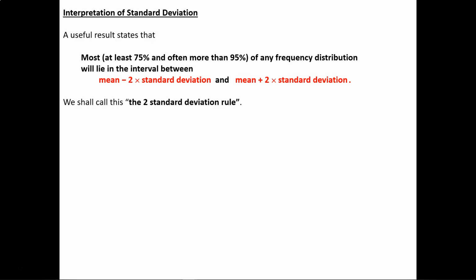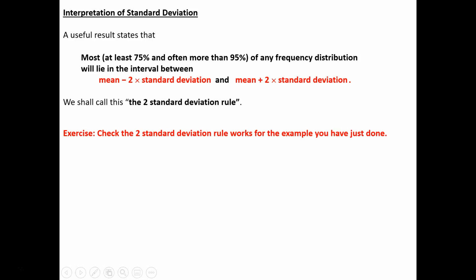And we shall call this the 2 standard deviation rule. And it will be a good idea at this stage just to check that the 2 standard deviation rule works for the example that we've just looked at. That was the times of the cross-country runners.